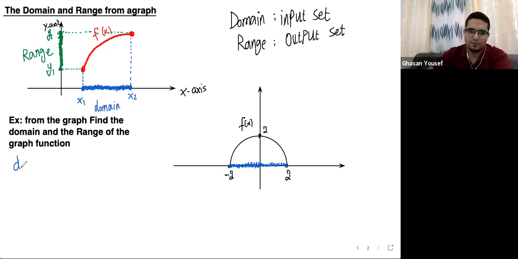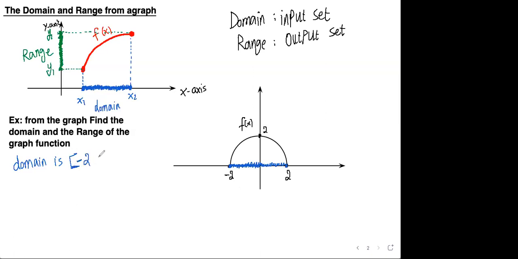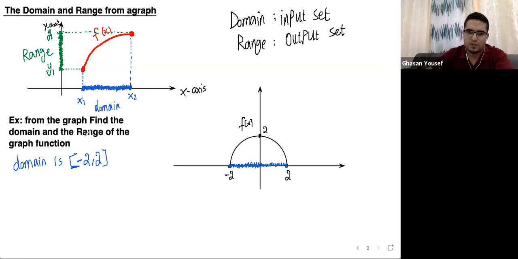So the domain is the closed interval, because 2 and -2 are included, from -2 to 2. Now what is the range?